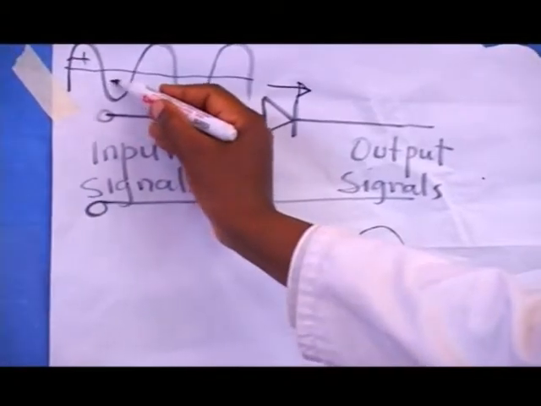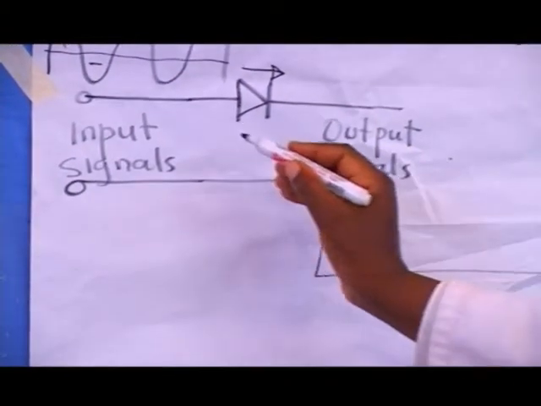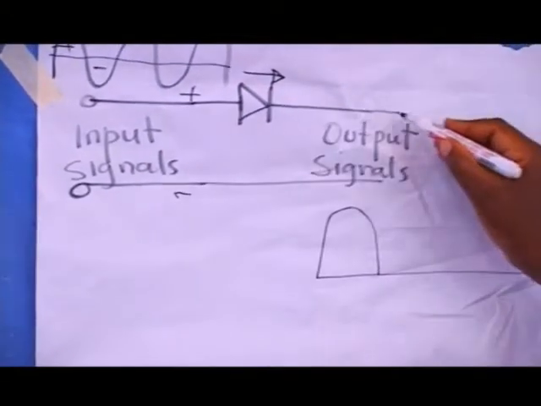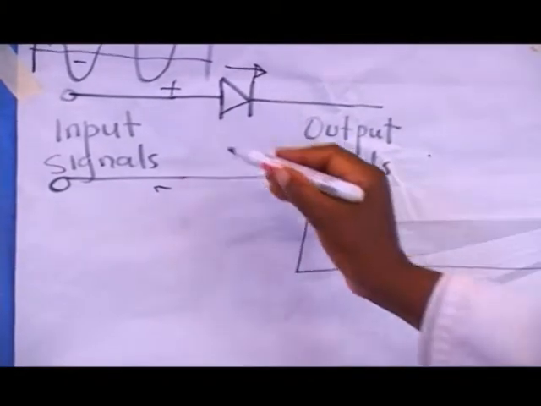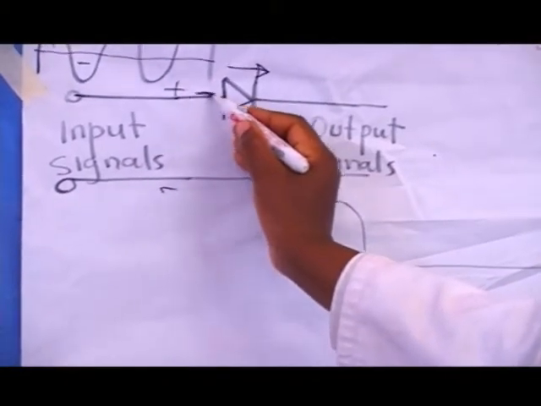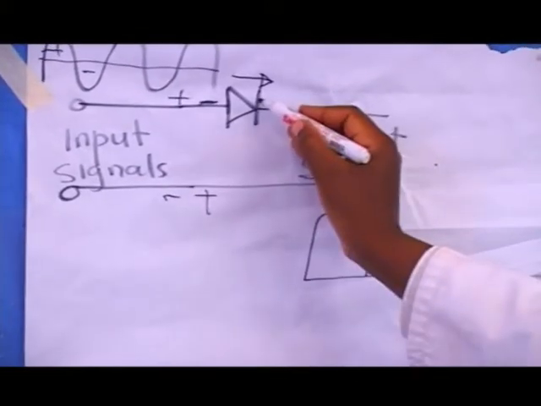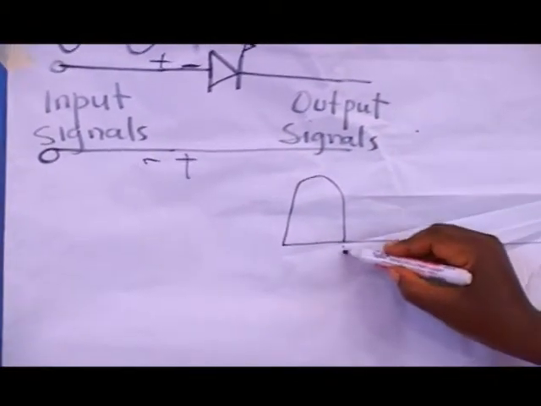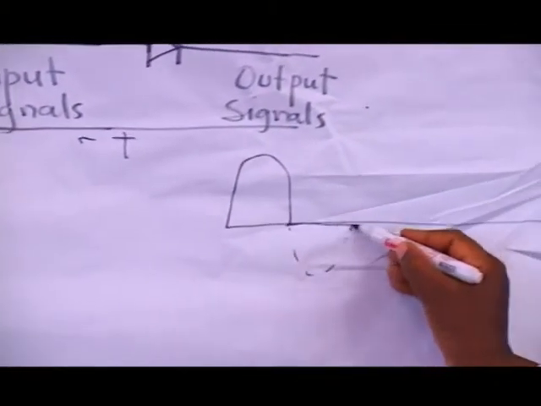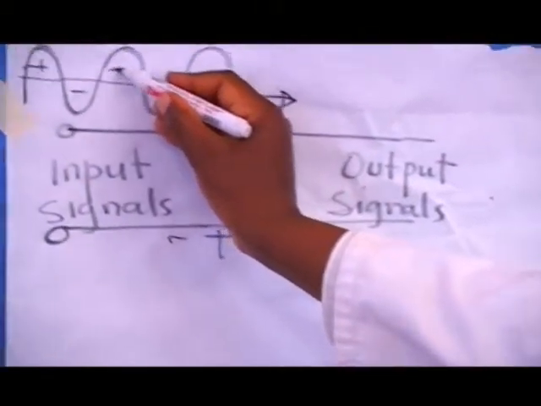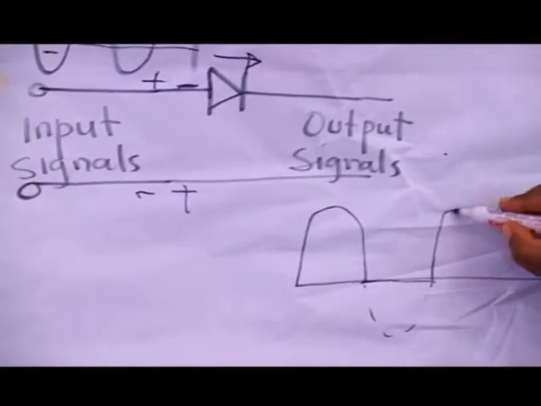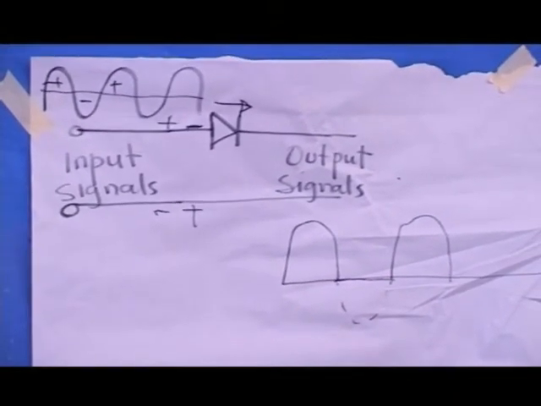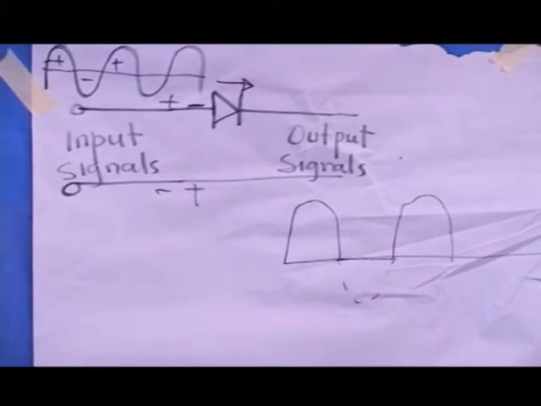The negative part was at cutoff because at that particular time, this was positive, this was negative, and so this was passing the wave. At the other part, when this is negative and this is positive, this is at cutoff. It doesn't allow any wave to pass through. And then when it comes positive, it is allowed to pass. So these are the waves you have seen as pulsating half wave rectification.